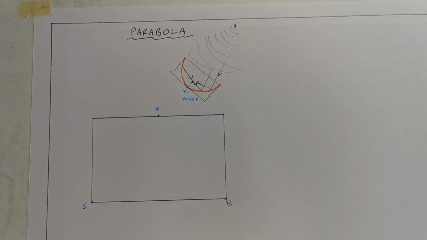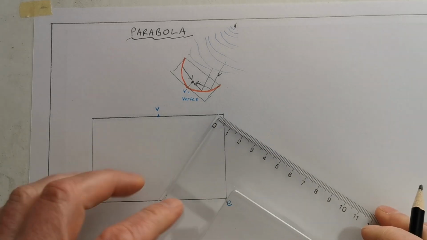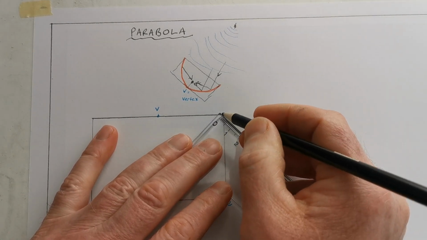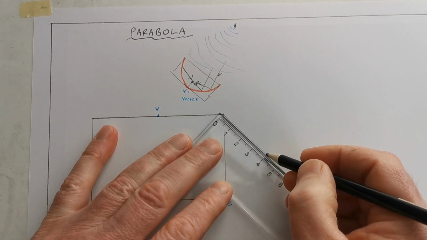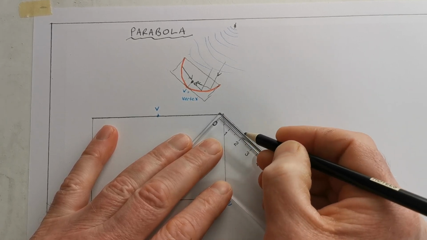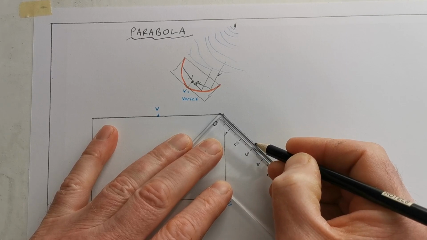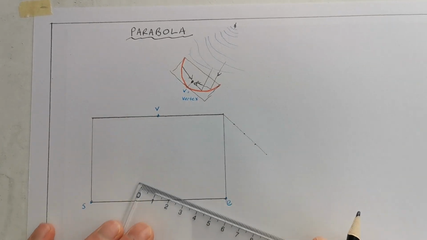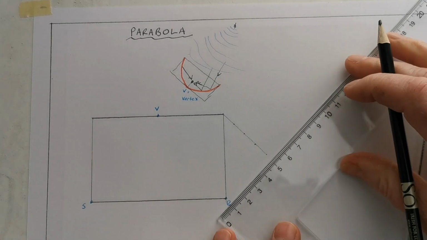So what we want to do is we're going to divide the height of this into 4 equal distances. So I'm just going to mark 4 tens. Okay, so there's 4 equal distances.